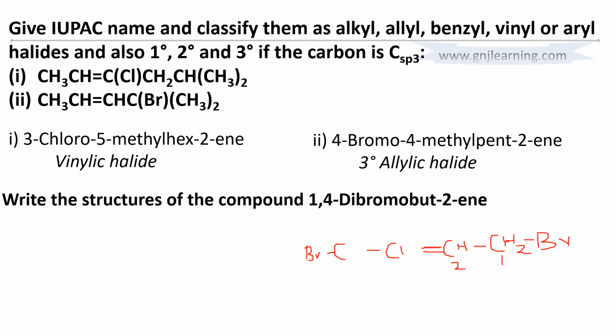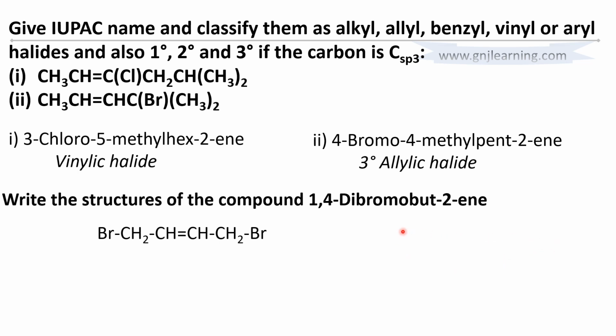So I have hydrogen, CH2. This is how to figure out the formula or the structure of the compound from its name. Okay, see that. So it looks like this, isn't it? CH2, CH double bond CH, CH2Br. That is for naming haloalkenes. Okay, thank you.